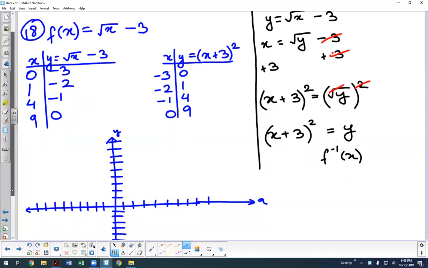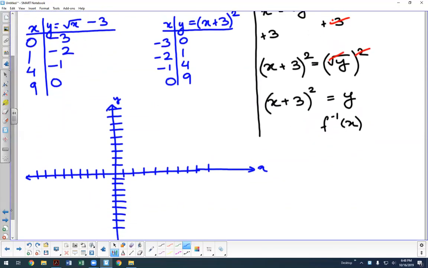So when we graph these guys, we should again have 0, -3. So down here, 1, -2, 4, -1, and 9, 0. You should actually not be crossing the x-axis till you hit the 9, 0.